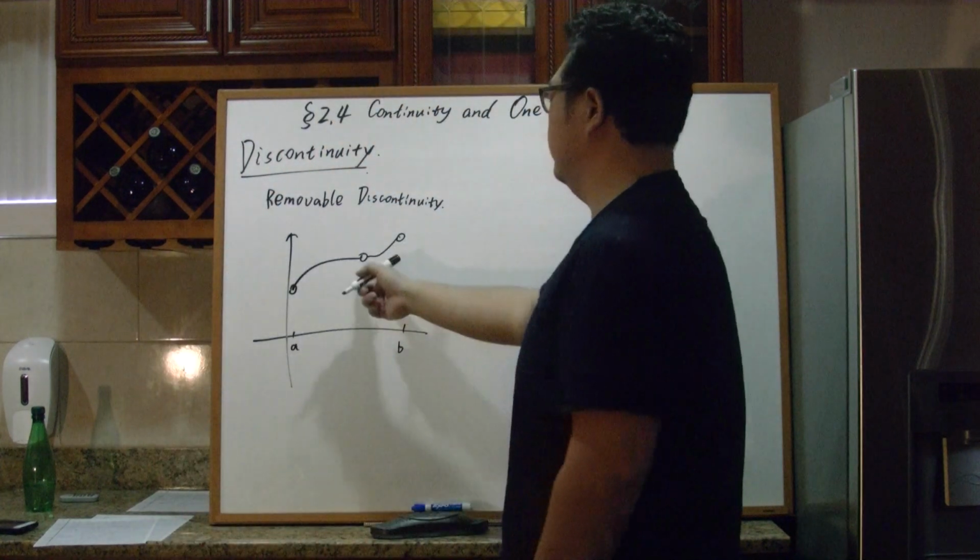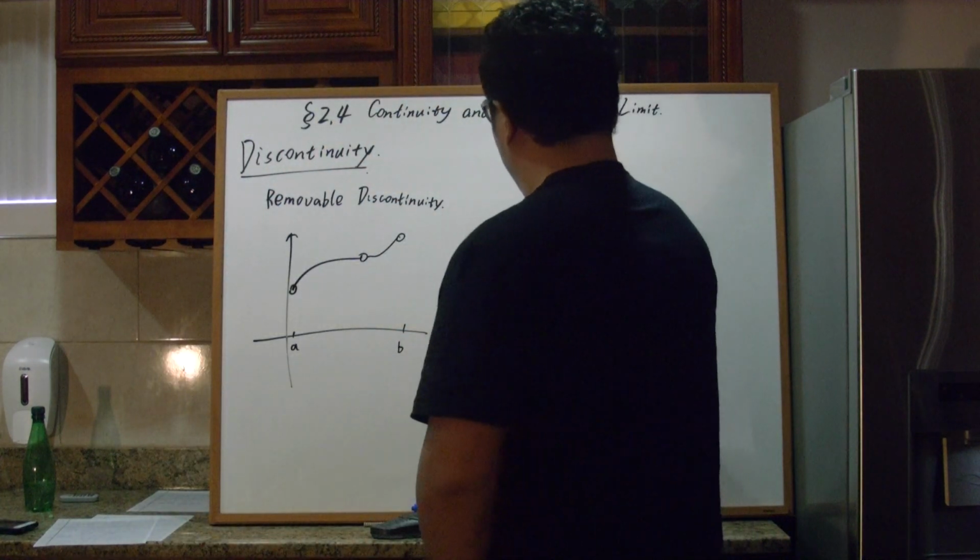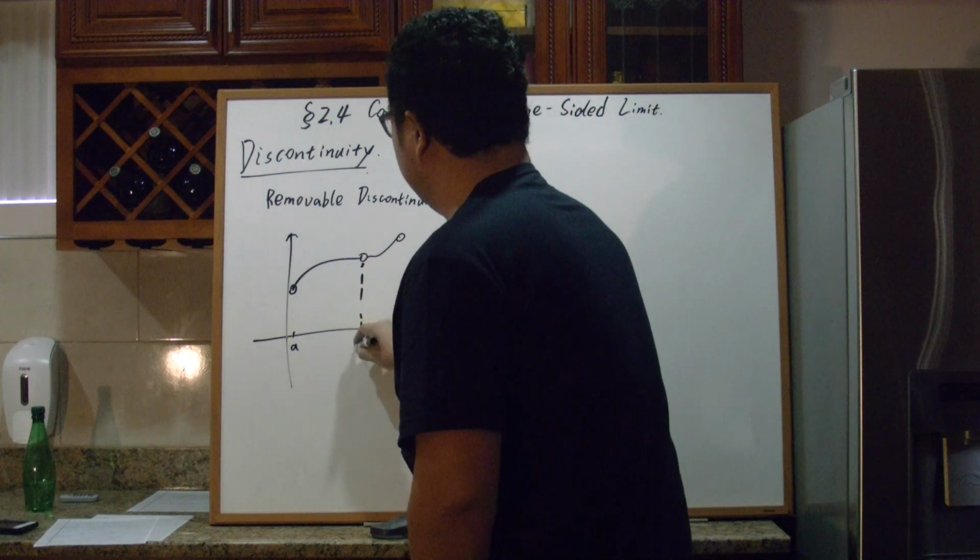On an open interval a to b, there is simply a hole, where the function is not defined at the value c.